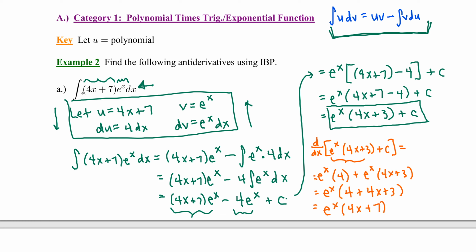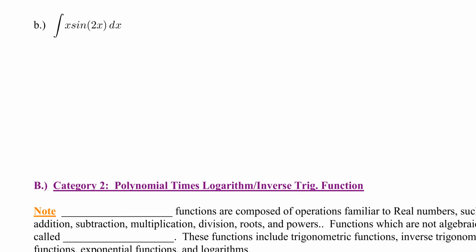Now, it's in the opposite order of the factors of the original, but because multiplication is commutative, we know that we have a match here. That indicates that our antiderivative, which we obtained by integration by parts, is in fact correct. So, good job. Let's try another one.